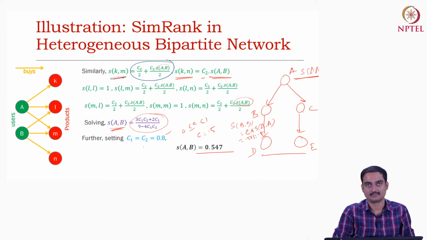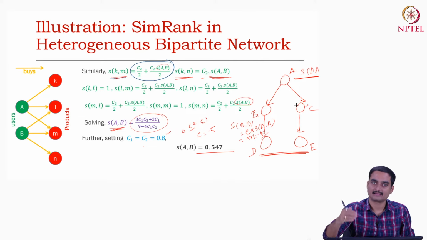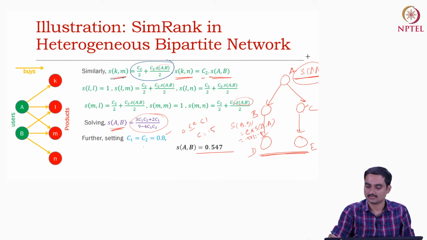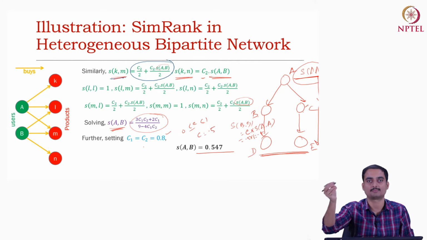Similarity of DE is what? Similarity of DE is C times similarity of BC, and that is C square times similarity of AA. So it was C here, this is now C square. So 0.5 times 0.5, which is 0.25.